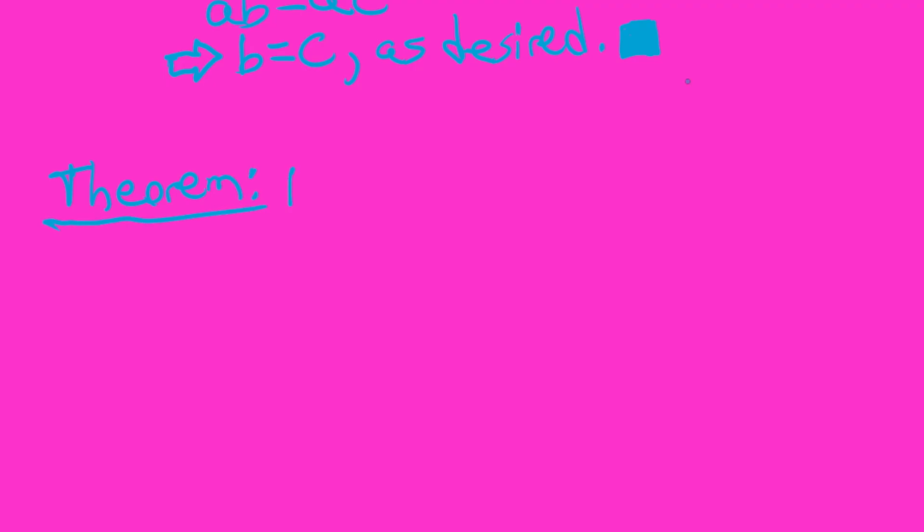So we have for group elements A and B, the inverse of AB is equal to the inverse of B goes with the inverse of A. So let's look at the proof of this.